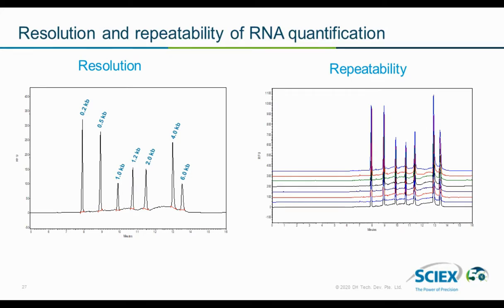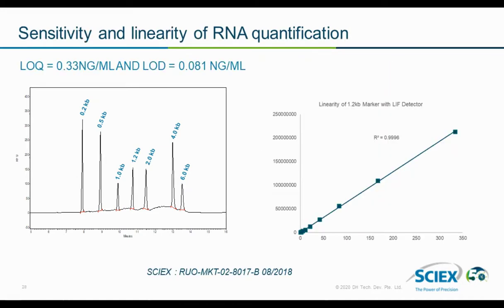And this is highly reproducible. On the right-hand side, you can see where we've repeated this assay several times, and they clearly overlay one another. So unlike slab gel electrophoresis, CE is very reproducible and allows you to integrate the peaks and give you accurate percentage determination of impurities present in your sample.